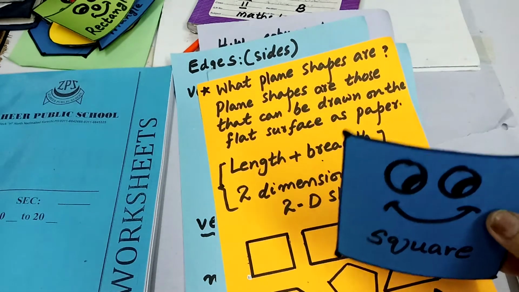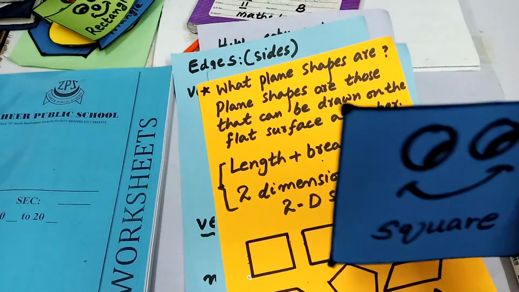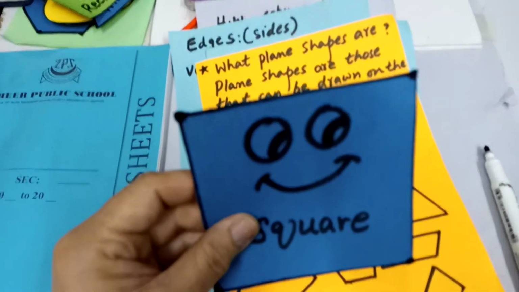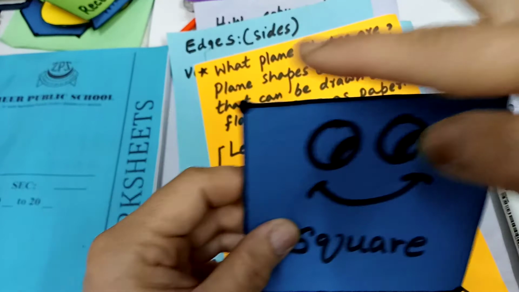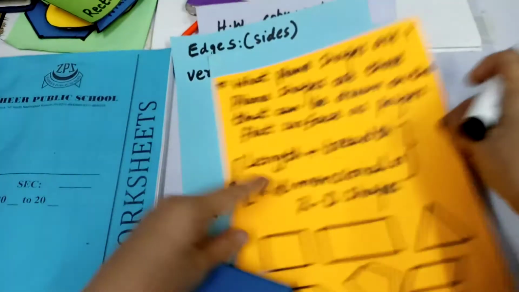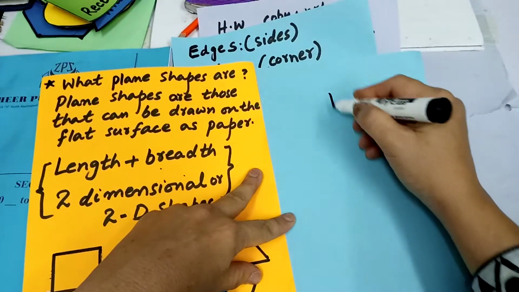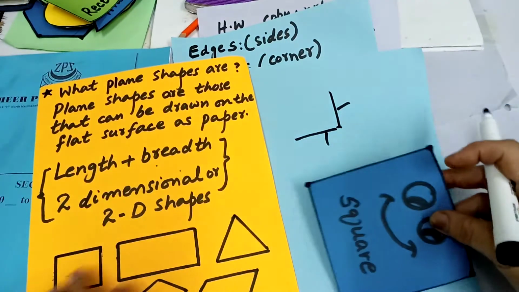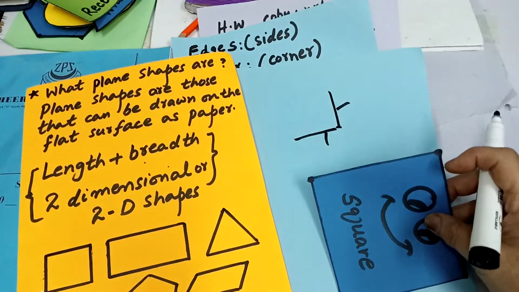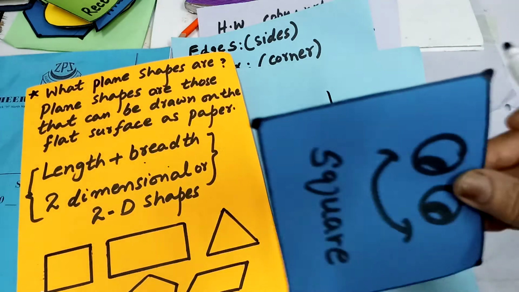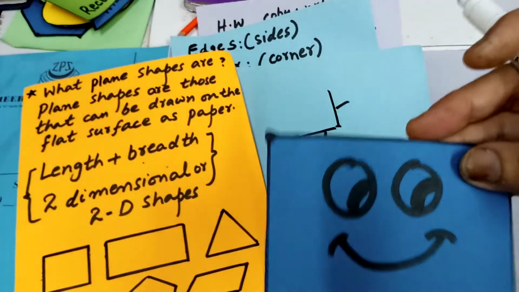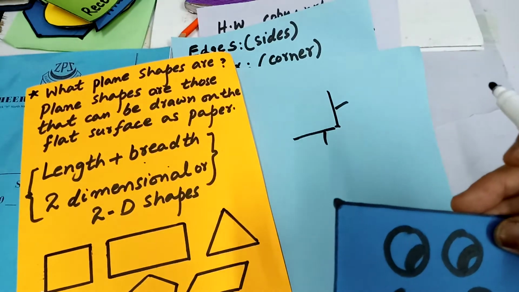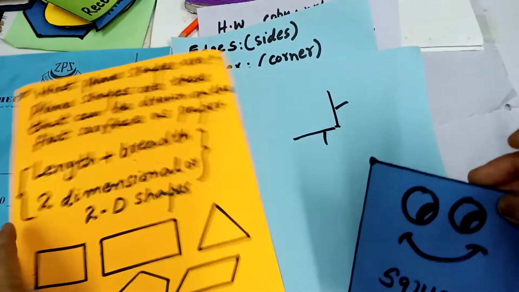Now, it has two measurements, length and breadth. So it is called a two-dimensional or 2D shape. Plane figures are formed by curved lines or straight lines.